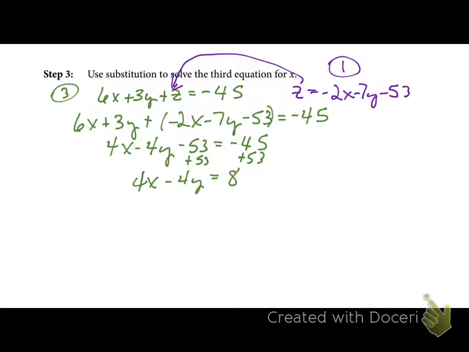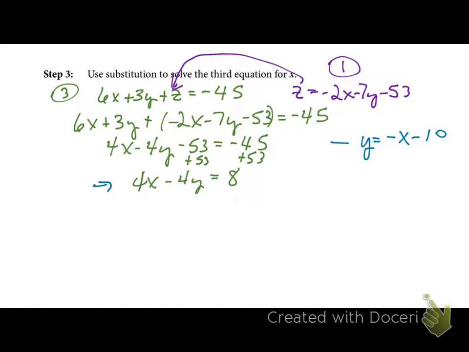And now let's remember from our second equation, when we substituted in and solved that for y, we ended up with y equal to negative x minus 10. So look at what I have. Right here, I have an equation that has a variable x and the variable y.